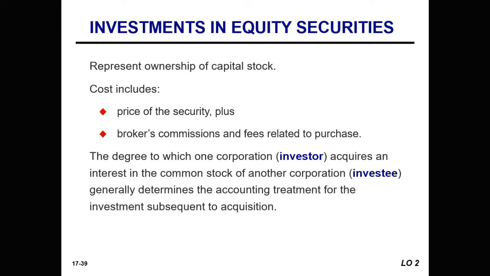From our point as an investor, we represent the cost of our investment at what we pay for the security. What the par value is has no matter to us. It's what we paid for it, plus any brokerage fees or commissions that might be related to that purchase.